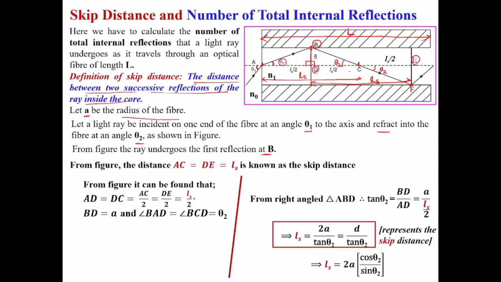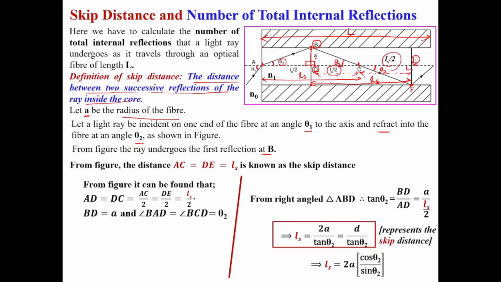How? Here you can see, this angle is theta 2, this angle is 90 degrees, and this is theta 2 also, and this is a 90 degree angle. That means the distance D to C equals C to E. If the D to E distance is Ls, then D to C will be equal to Ls by 2, and C to E also Ls by 2.